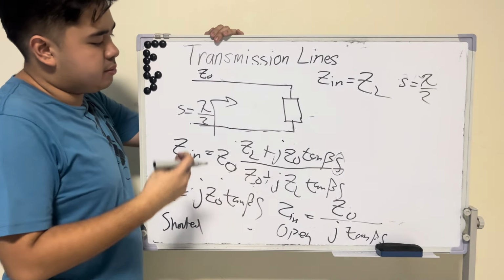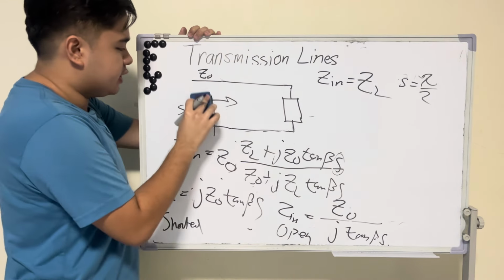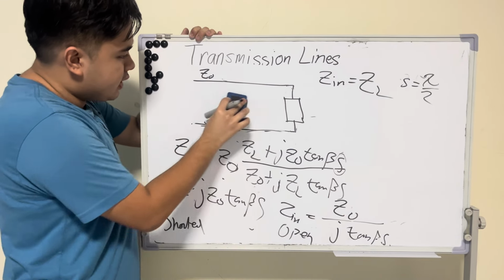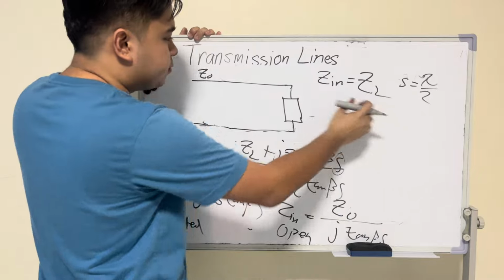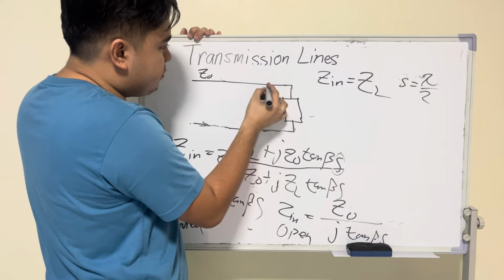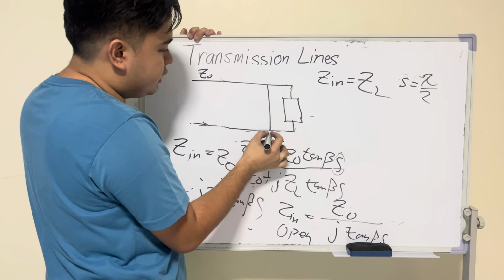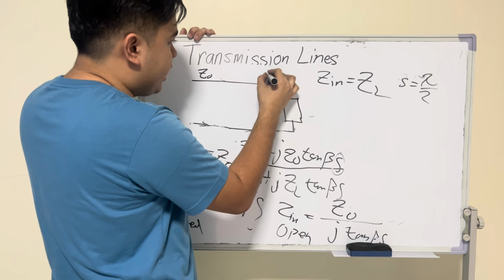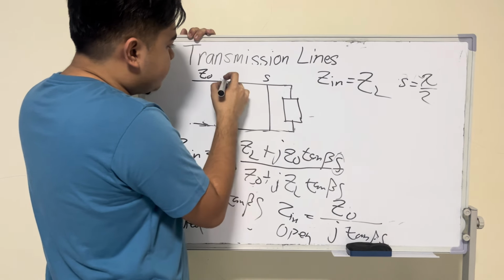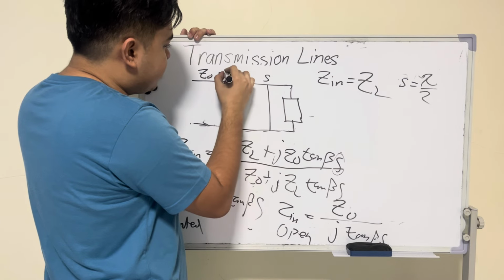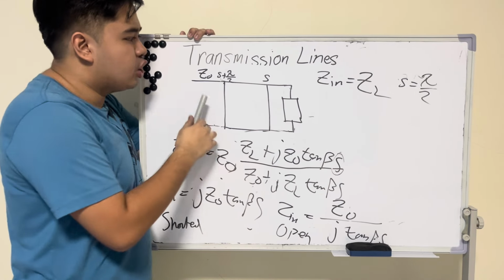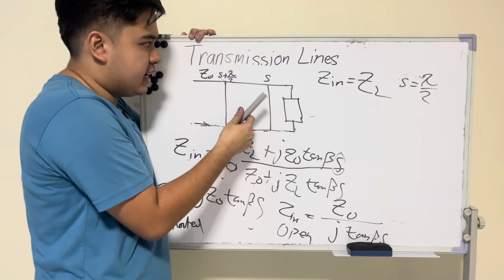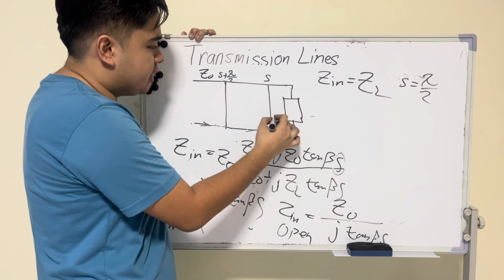Now, this actually means something very specific in transmission lines, which is the input impedance at a certain point. For example, you know the input impedance in here, which is location S. The input impedance at S plus lambda over 2, or half wavelength away, is going to be the same as the input impedance looking in here.